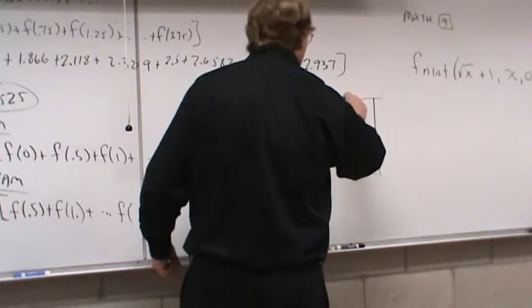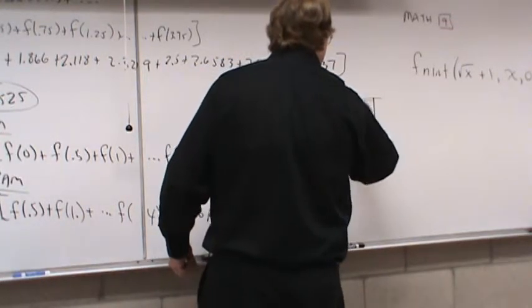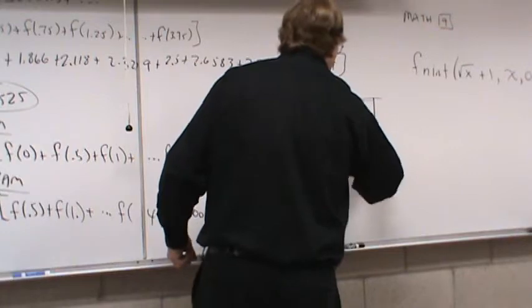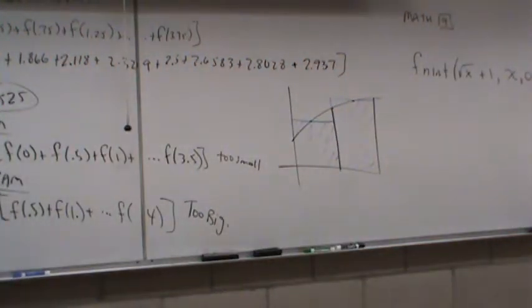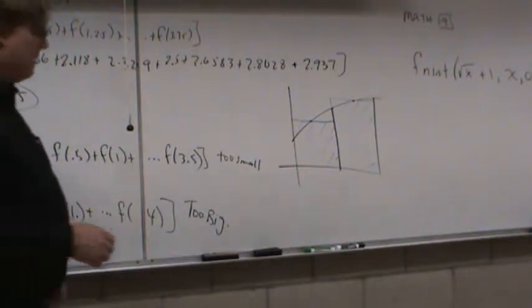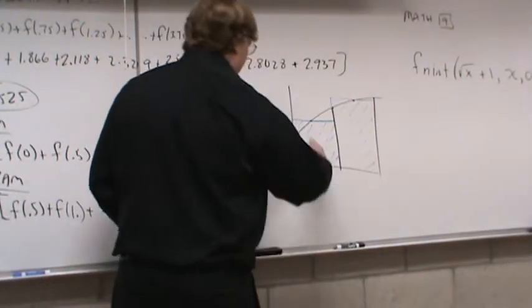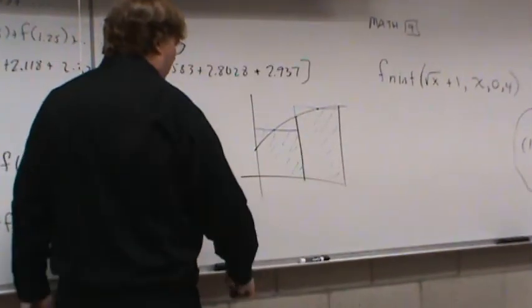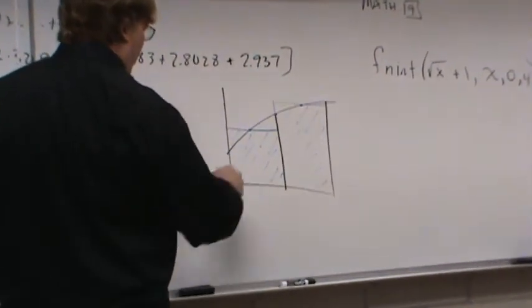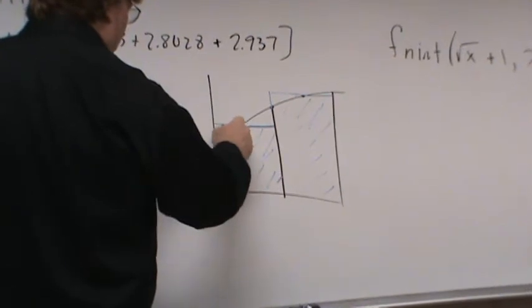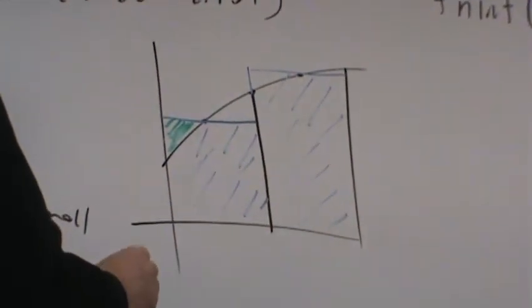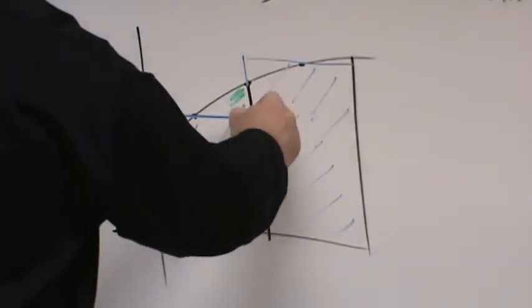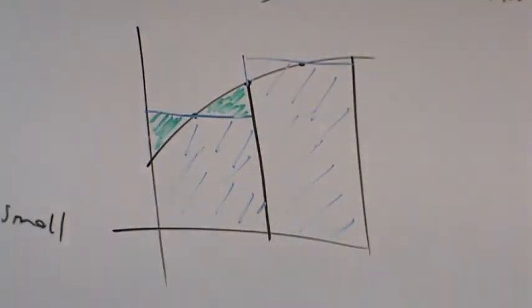Someone describe for me in their words, what is it about MRAM that makes it a better approximation than RRAM or LRAM? Yeah, Andrew. Because when you take the middle, the space that there technically isn't rectangle. Yes. That is basically the flip of where you're not getting the rectangle. Yeah. Good. It fills it in.